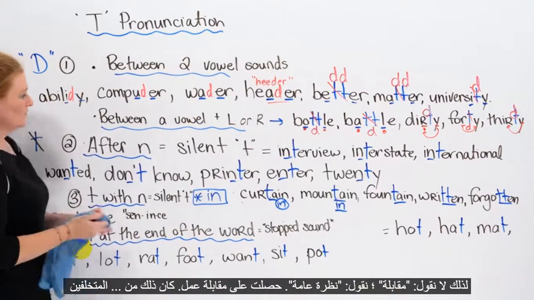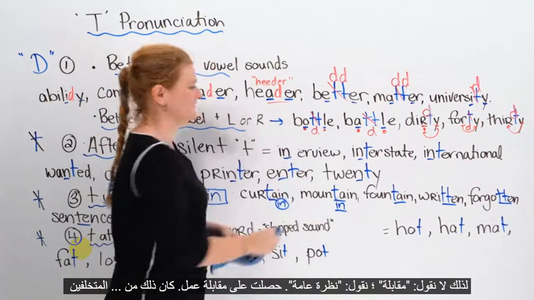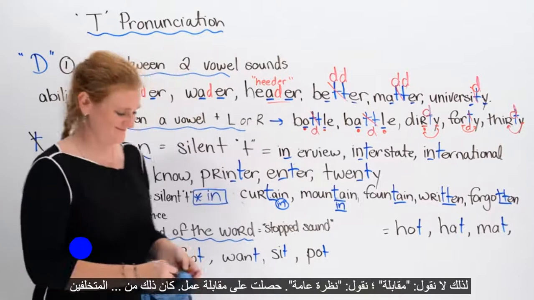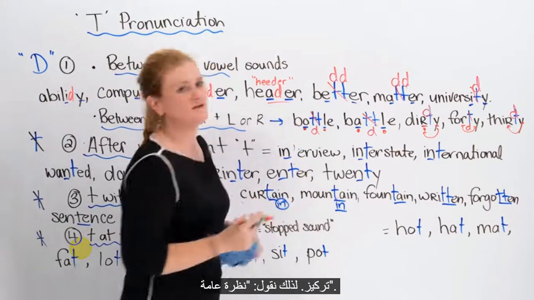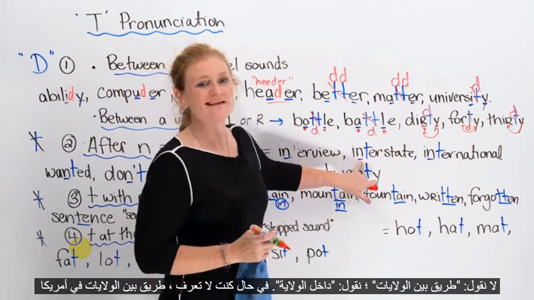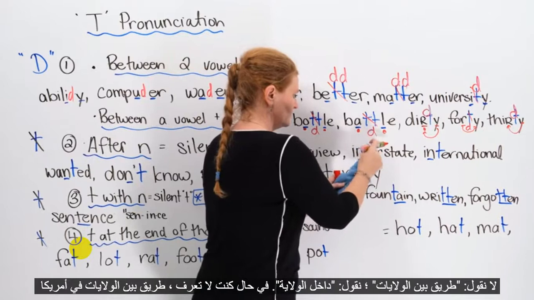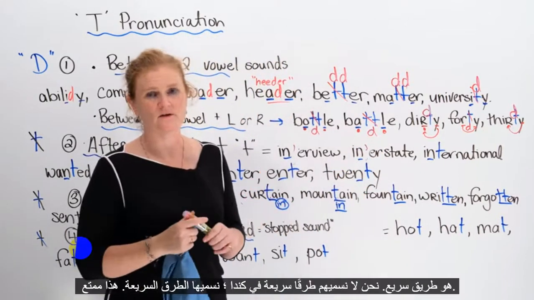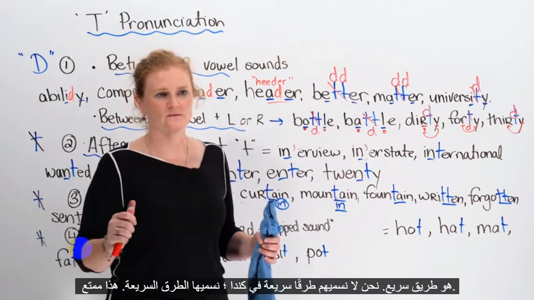So we don't say interview. We say interview. I got a job interview. So we say interview. We don't say interstate. We say interstate. In case you don't know, an interstate in America is a highway. We do not call them interstates in Canada. We call them highways.